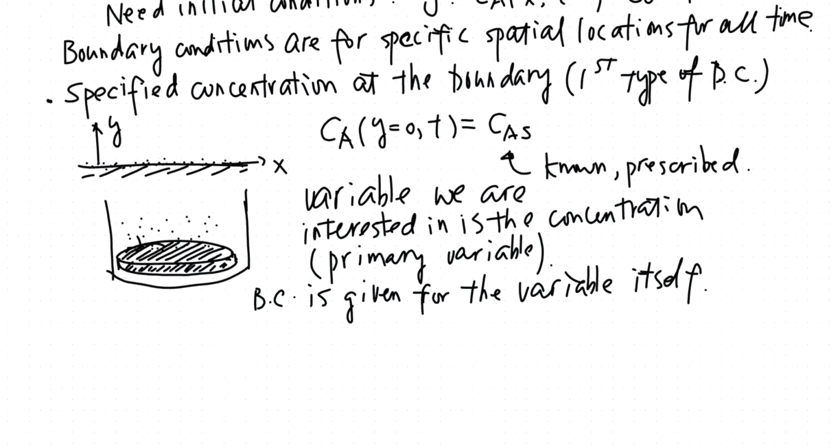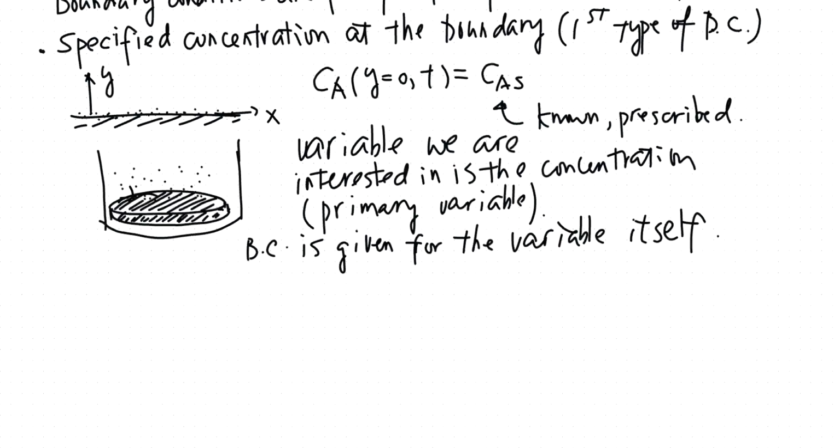You will see what it means to be itself versus not itself. Here we prescribe the boundary condition for the variable we are interested in, or would like to solve for. The second type of boundary condition in the context of diffusion is called the zero solute flux at the boundary.